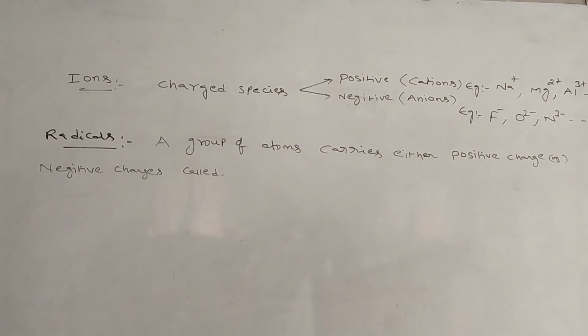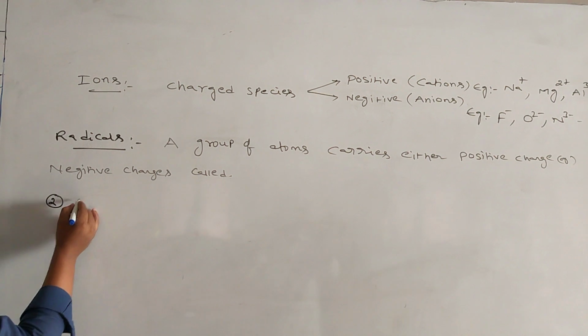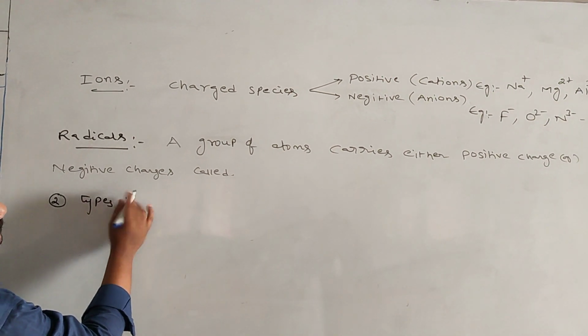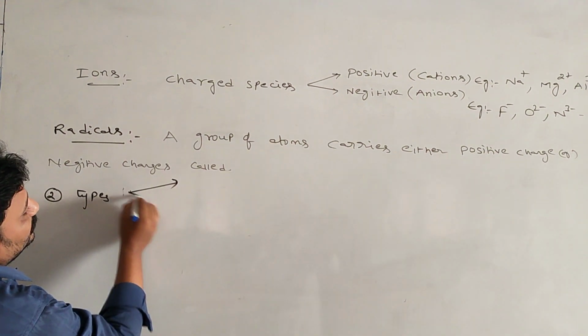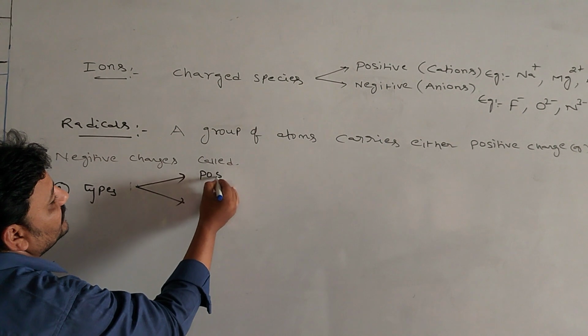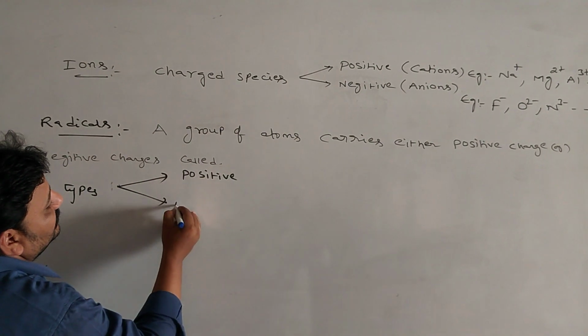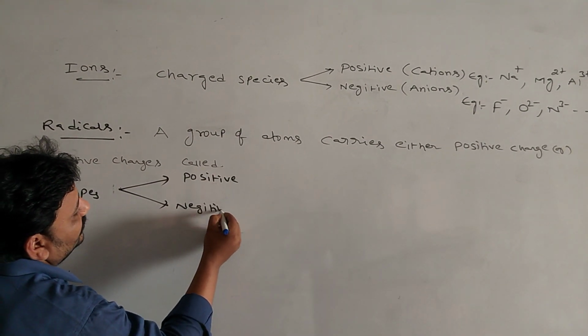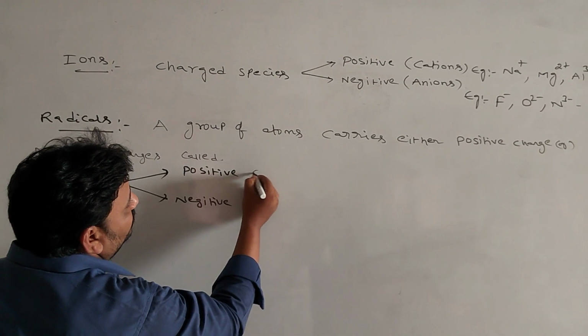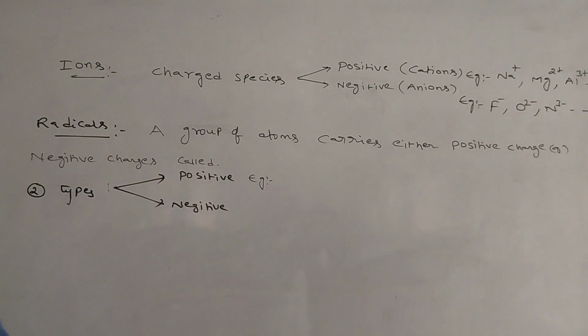How many types of radicals are there? Two types. Based on charge, they are classified into positive radicals and negative radicals. Positive radicals: a group of atoms carrying a positive charge.